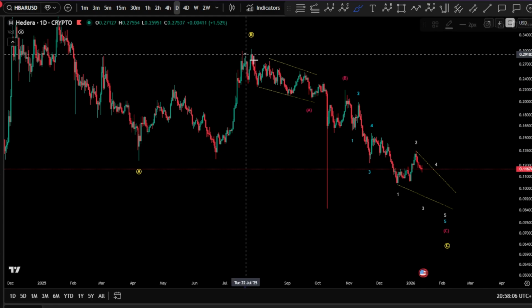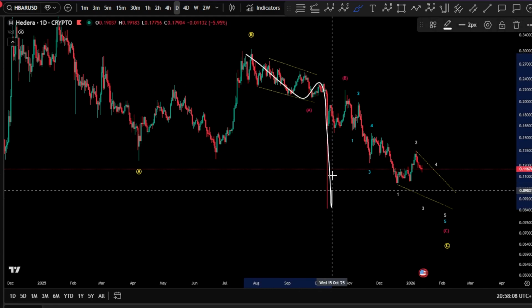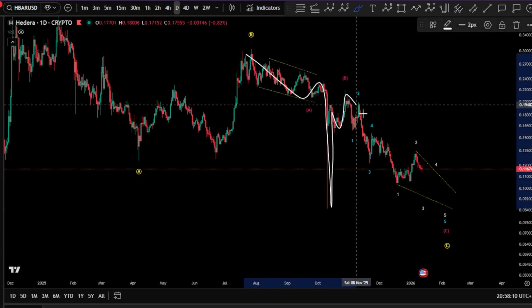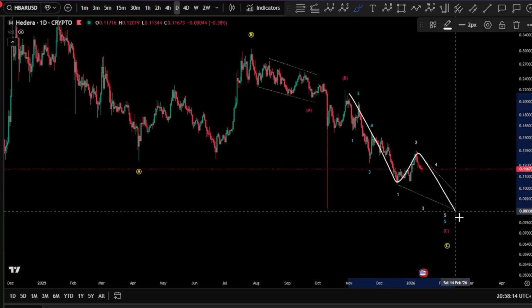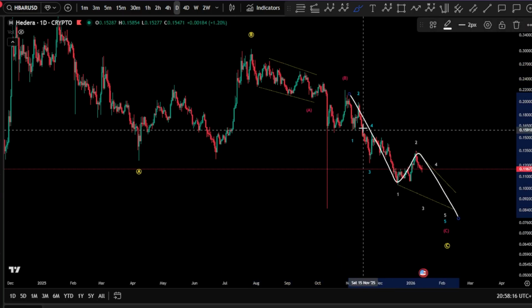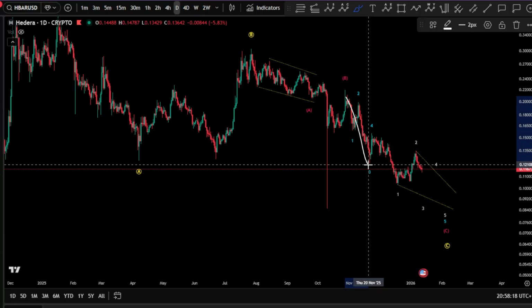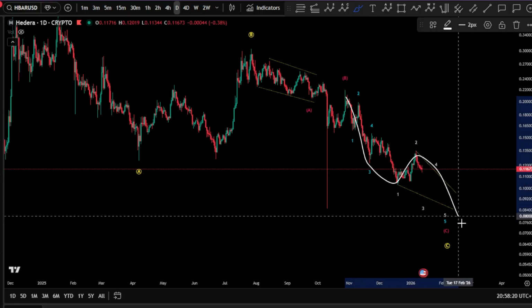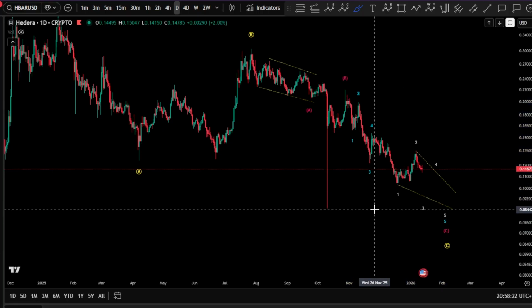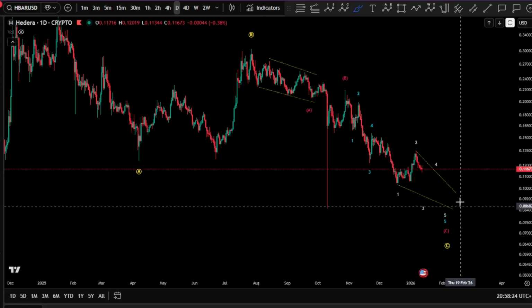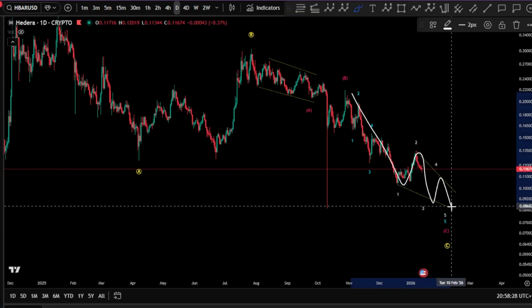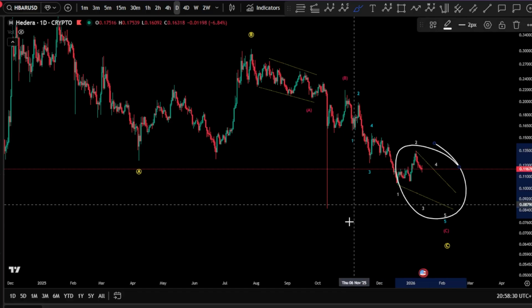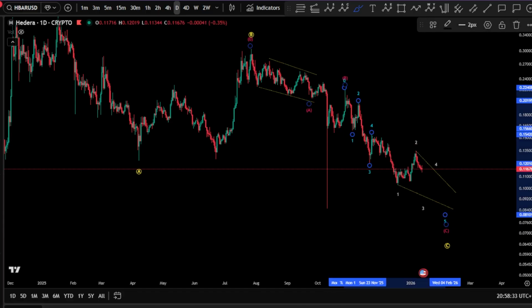Now, a different scenario: you can also be in a W, an X here, and a wave Y again. The wave Y can be an A, B, and a C in a zigzag, where you have potentially finished an impulse, and then you push for lower again. But I think in both scenarios, it might end up the same way, an ending diagonal here, very likely.